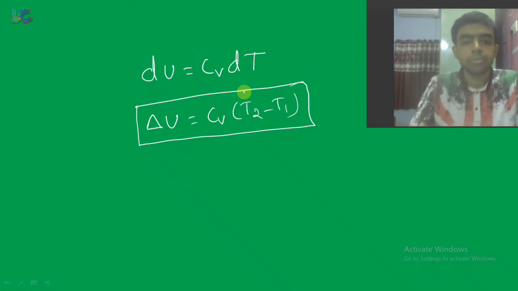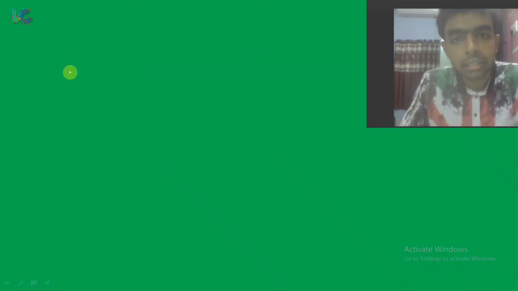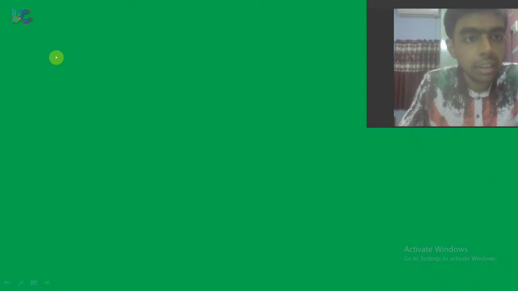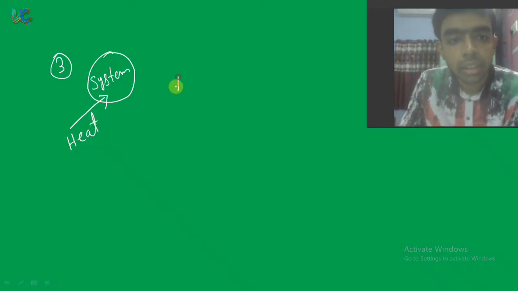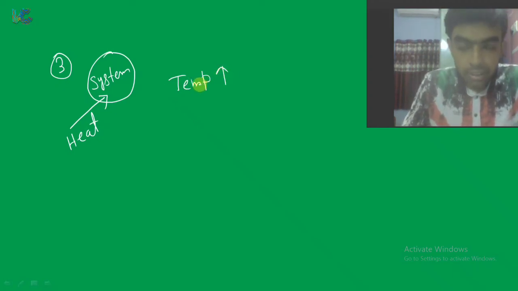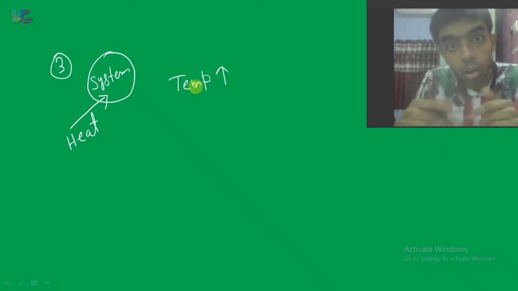Okay, fine. Now let's discuss another important point regarding heat and heat capacity. Suppose there is a system and heat is given to this system. Now when heat is given to the system, then generally temperature will increase, but there is an exception to it. That means what I am trying to say is that if heat is given to a system, then the temperature of the system may or may not rise.